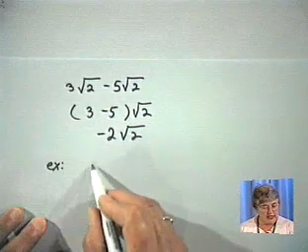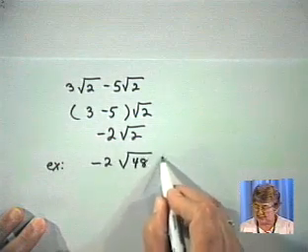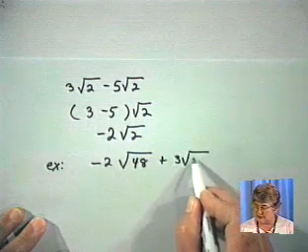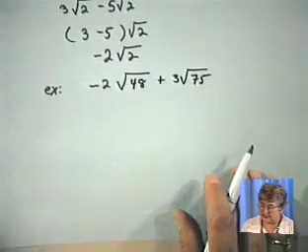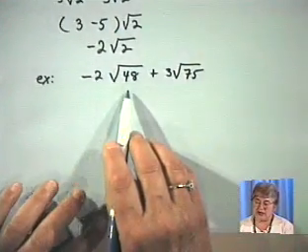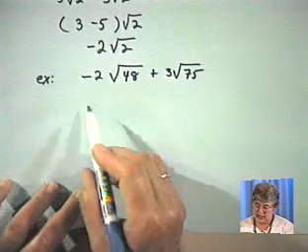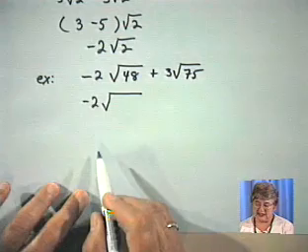Suppose that we have a negative 2 times the square root of 48 plus 3 times the square root of 75. Now, the first thing we're going to do with this problem is simplify each radical. Since we're taking square roots, we want to see what perfect squares are inside.